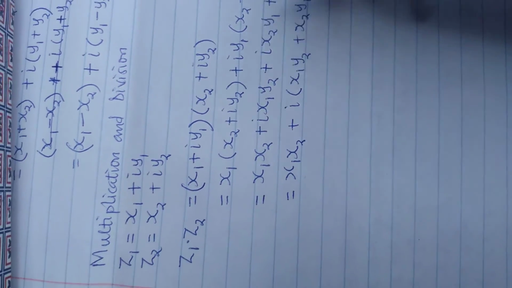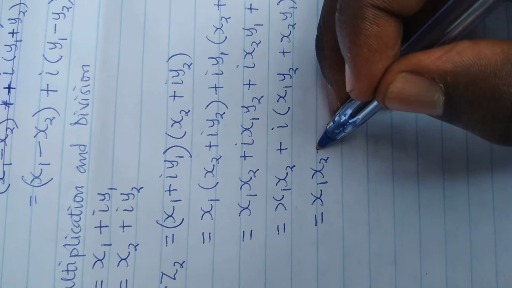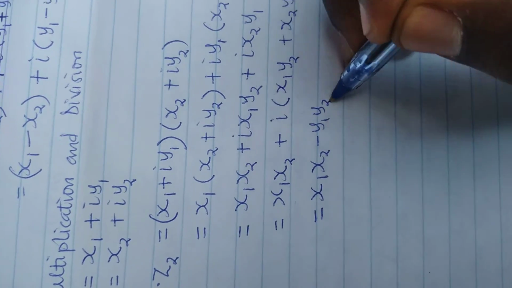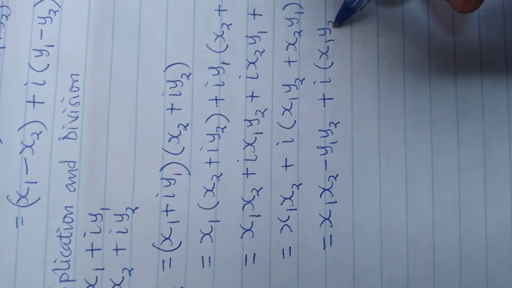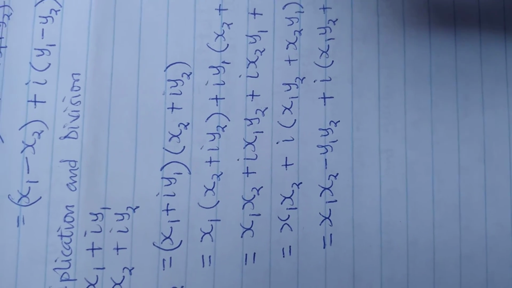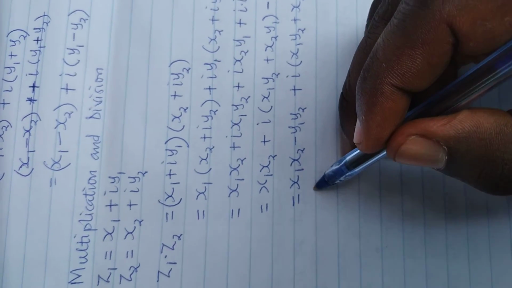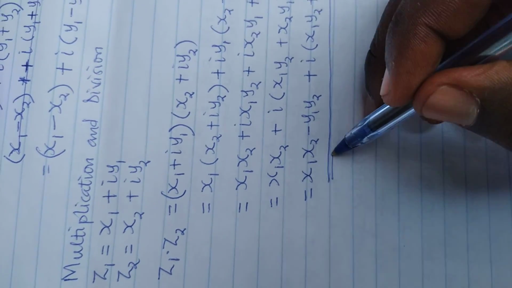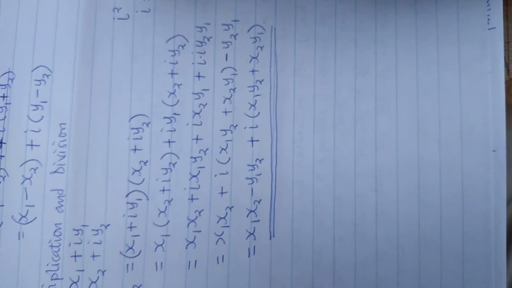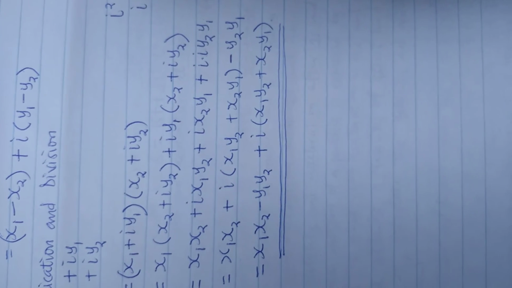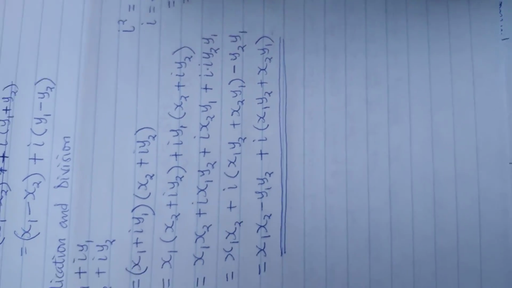So this would be x1 x2 minus y1 y2, then plus I into x1 y2 plus x2 y1. This is the simplified form. That is how we deal with multiplication of complex numbers. What we are left with is division.